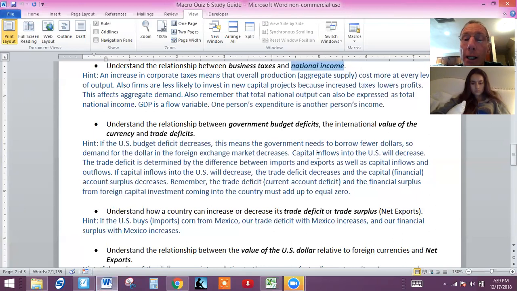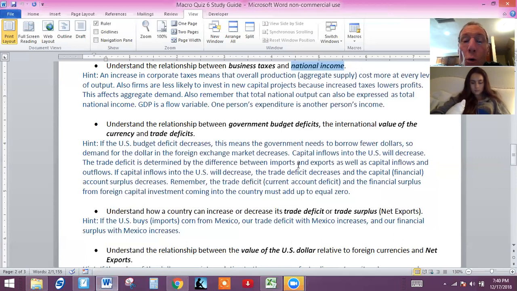So foreign capital coming into the country will decrease, and if the capital inflows go down, that is going to directly affect our net exports.